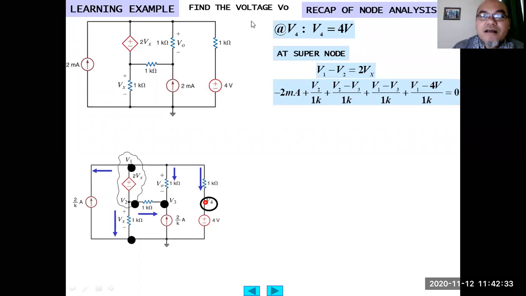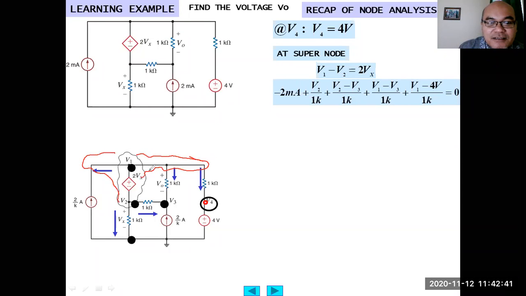Pay attention that even though this part is drawn spread out, it is still part of the supernode.